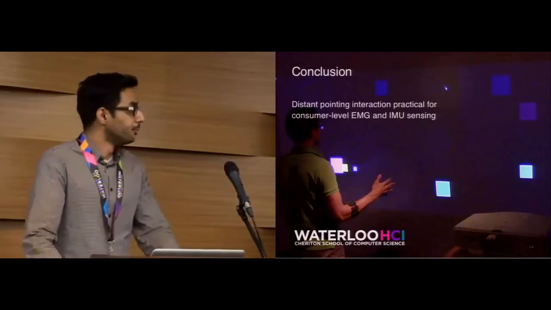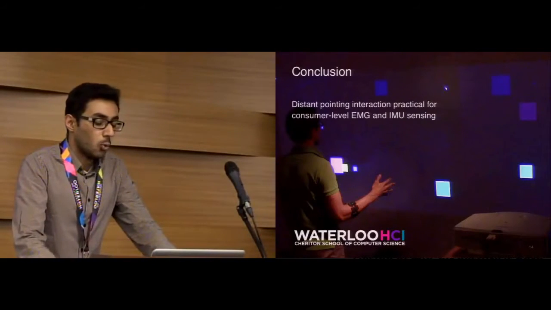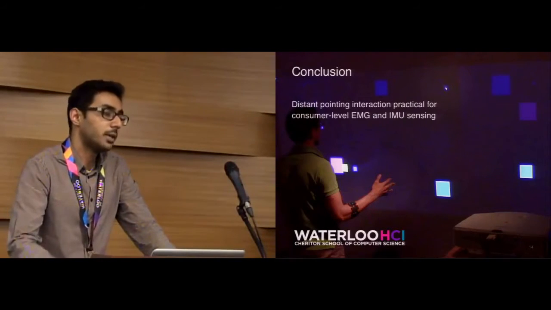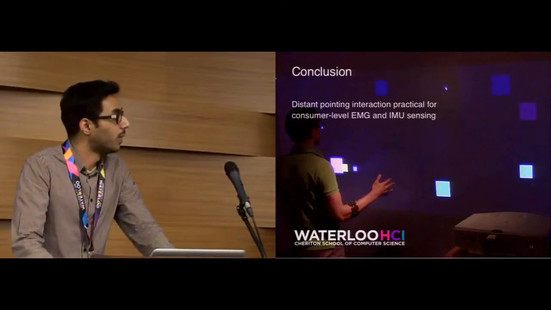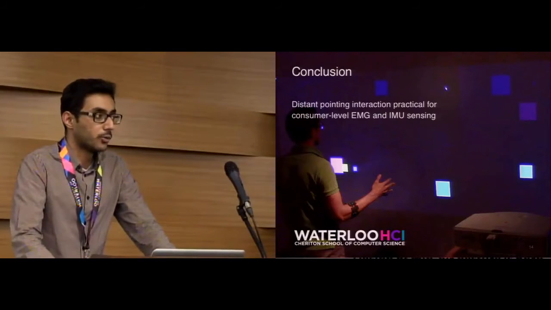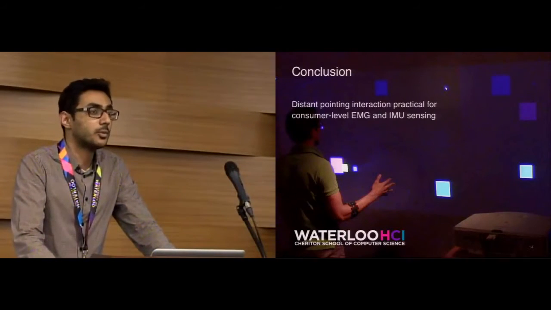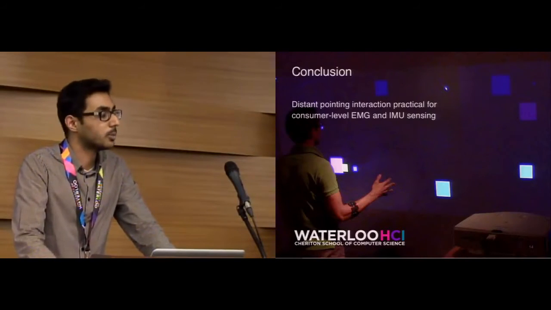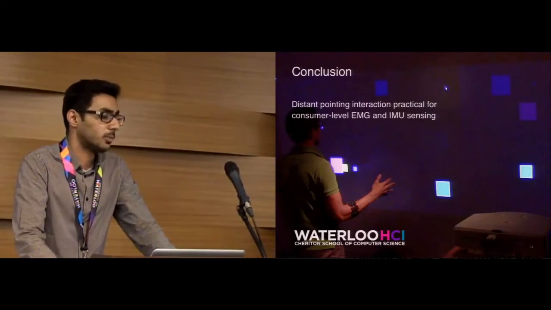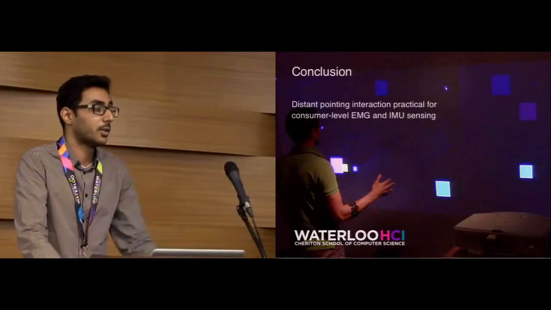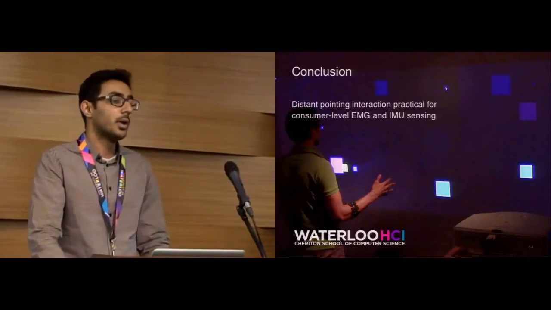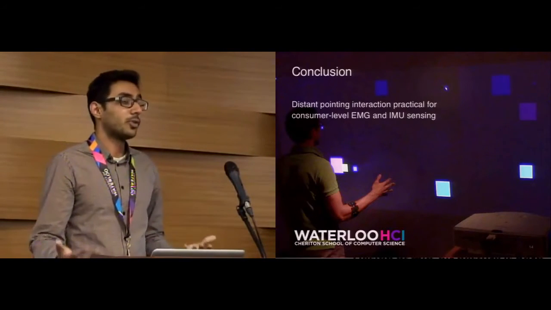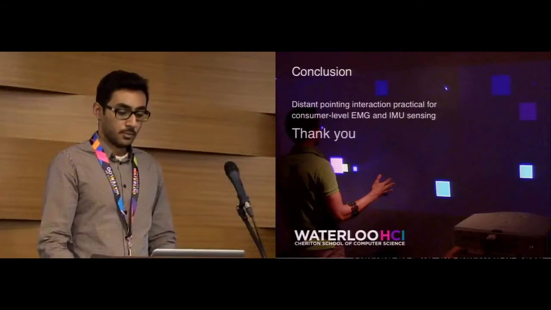So basically, we think that it is definitely possible to take these techniques that are developed with only lab situations concerned, and with some low-cost sensing, actually take them out of the lab and get them into places where people can actually do things with them.